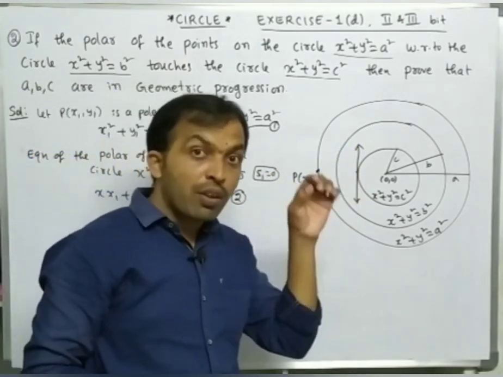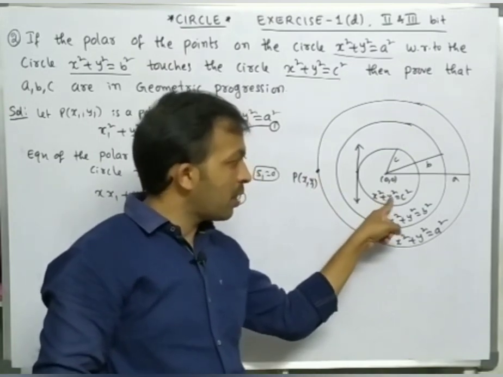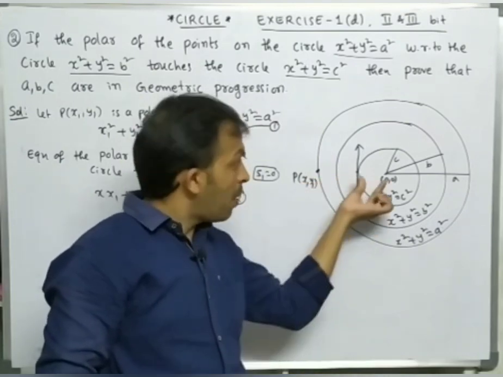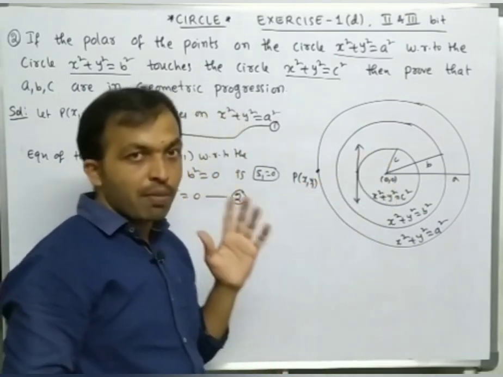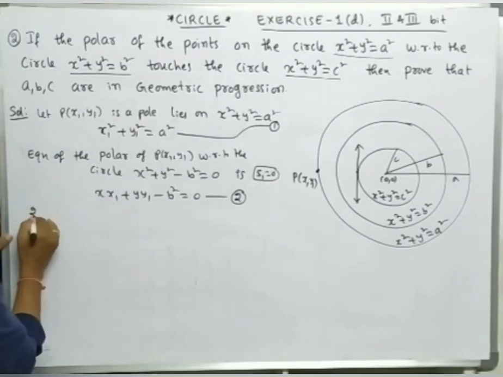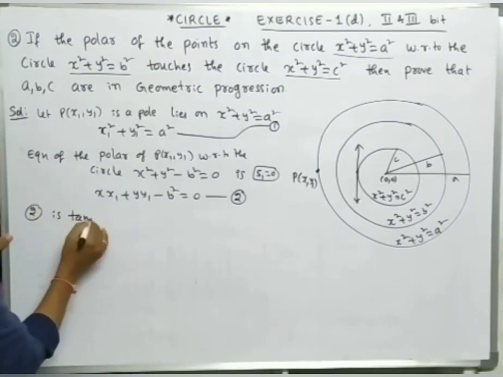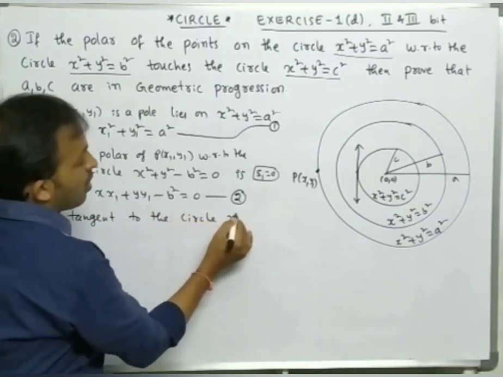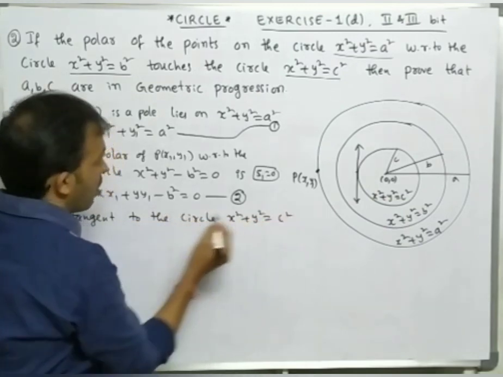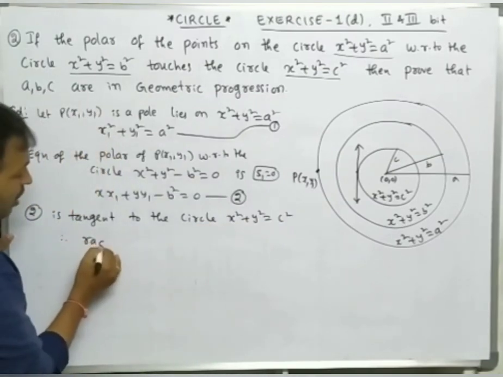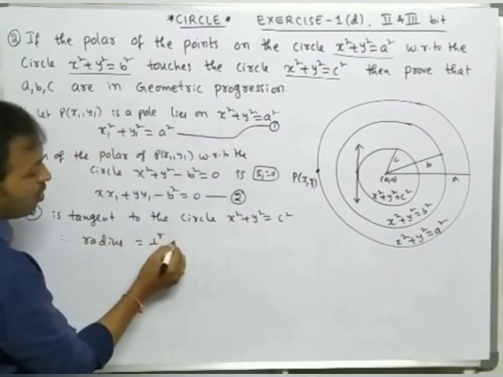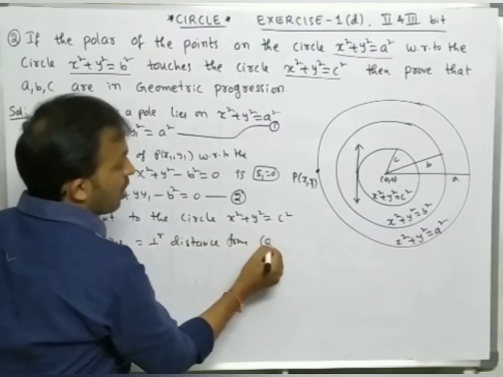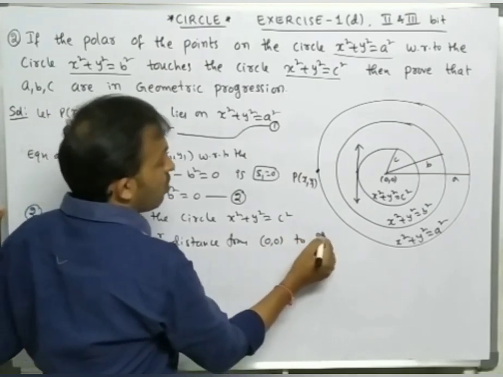Now this polar should touch the inner circle x square plus y square is equal to c square. That means it is a tangent. Tangent means the perpendicular distance and radius are the same. So 2 is tangent to the circle x square plus y square is equal to c square. Therefore the radius is equal to the perpendicular distance from the center (0, 0) to line 2.